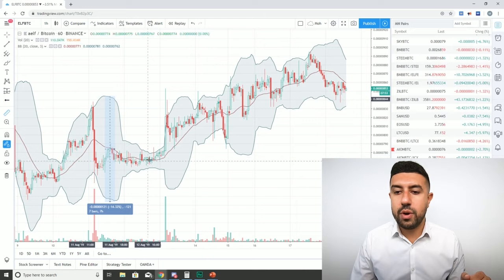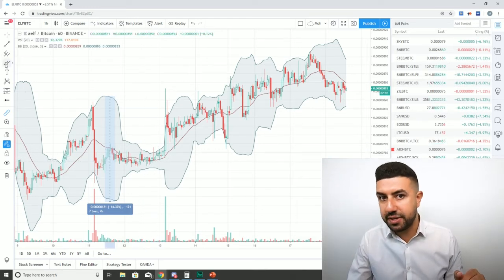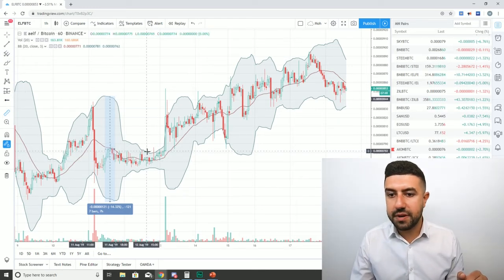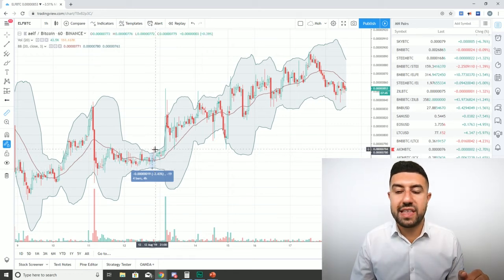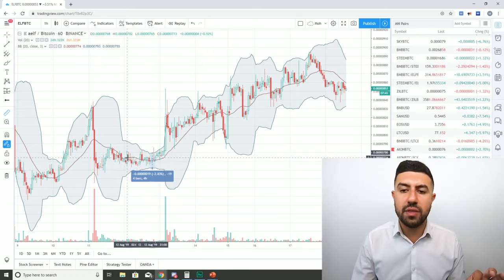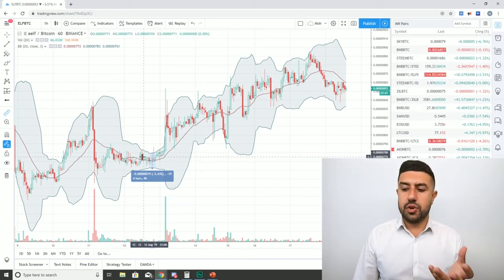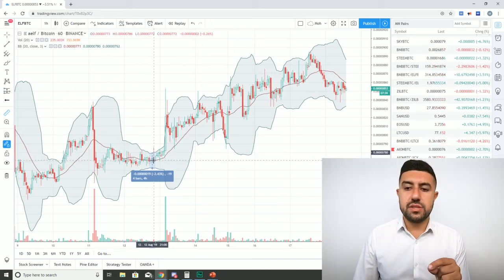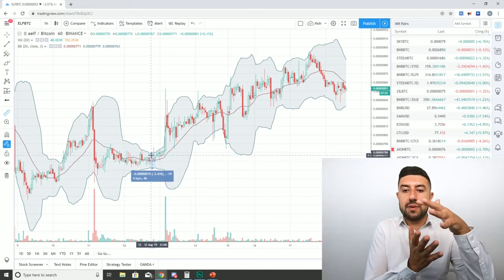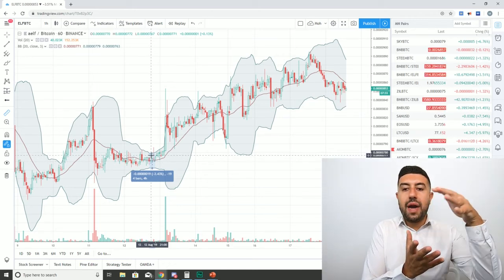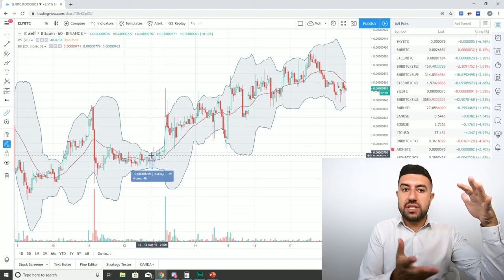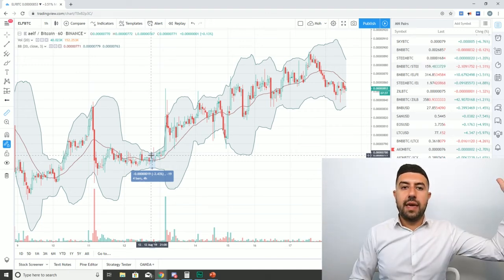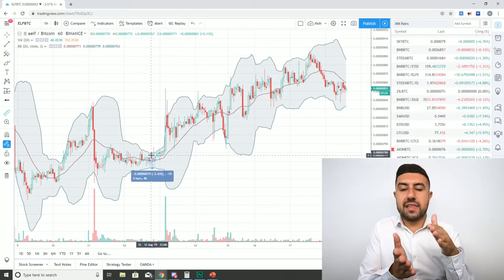But now, if you look here, look at the standard deviation, how small it is. Now it's only this big, 3 standard deviations. Why? Because the candles are so small now that 3 standard deviations is not that far away. So you'll see that the bands themselves widen as the security that you're trading, the cryptocurrency that you're trading, is more volatile, and it will narrow as it's less volatile.